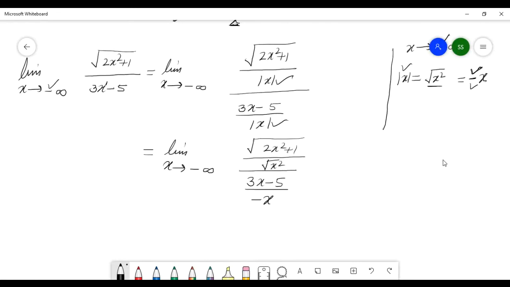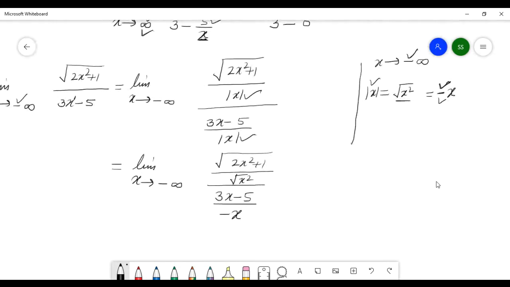This is the only change, the minus. If x goes to positive infinity, there is no change, it stays positive. But if x goes to minus infinity, then mod of x changes here to minus.